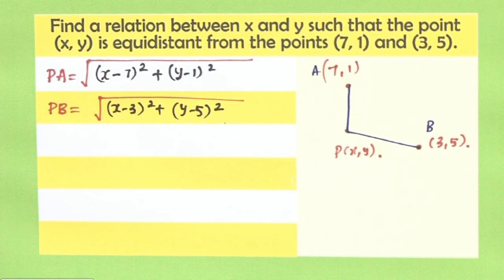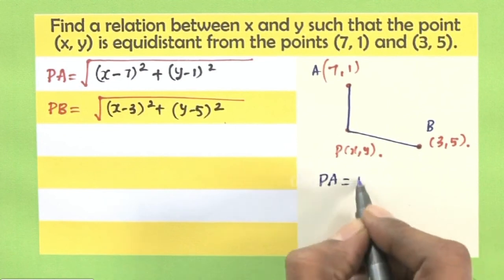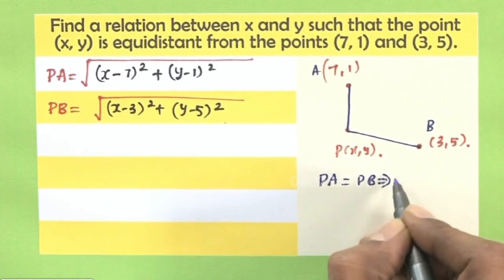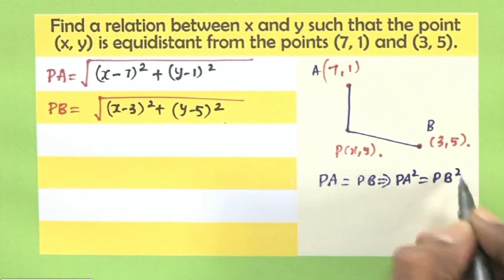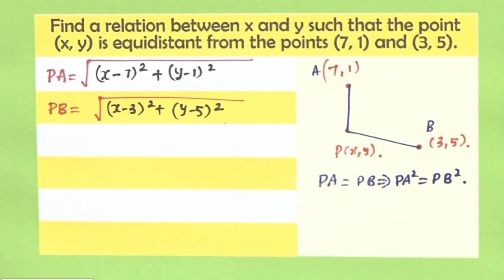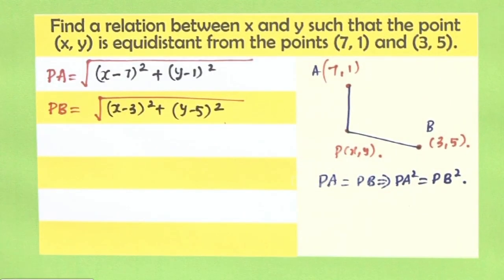So, no doubt, dear students, PA is equal to PB. This implies PA square is equal to PB square. Where did you get this? By just squaring both the sides, we got PA square is equal to PB square. Isn't it?